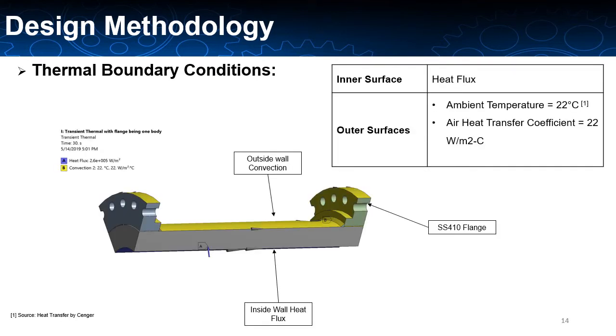That's how the thermal boundary conditions look for the simulation, where I put the heat flux on the inside wall and the outside wall is exposed to the environment. So I used convection there with an ambient temperature of 22 degrees Celsius and an air heat transfer coefficient of 22 watt per meter square Celsius.